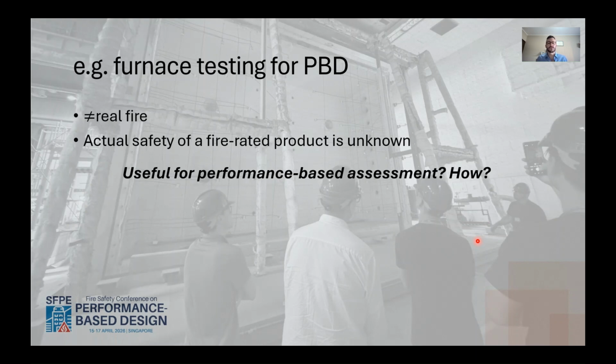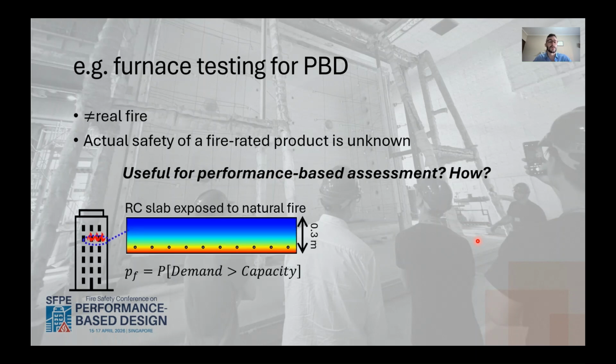To address this question, I will consider an example. We will take a reinforced concrete slab exposed to natural fire, and I'll assume that our target metric for the performance assessment is the failure probability, which is the probability that some measure of demand exceeds some model for capacity.